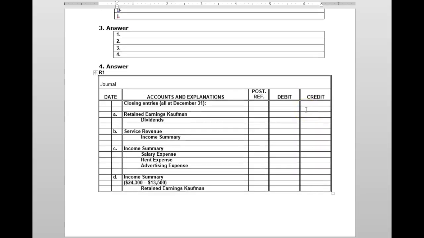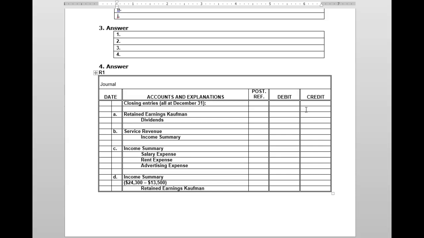For 3, they ask you questions about normal balance. And this is really a good activity because it helps you kind of understand what happens with retained earnings and the income statement, and all of the accounts that are in the income statement. So if you really sit down and think about this, draw out a picture.